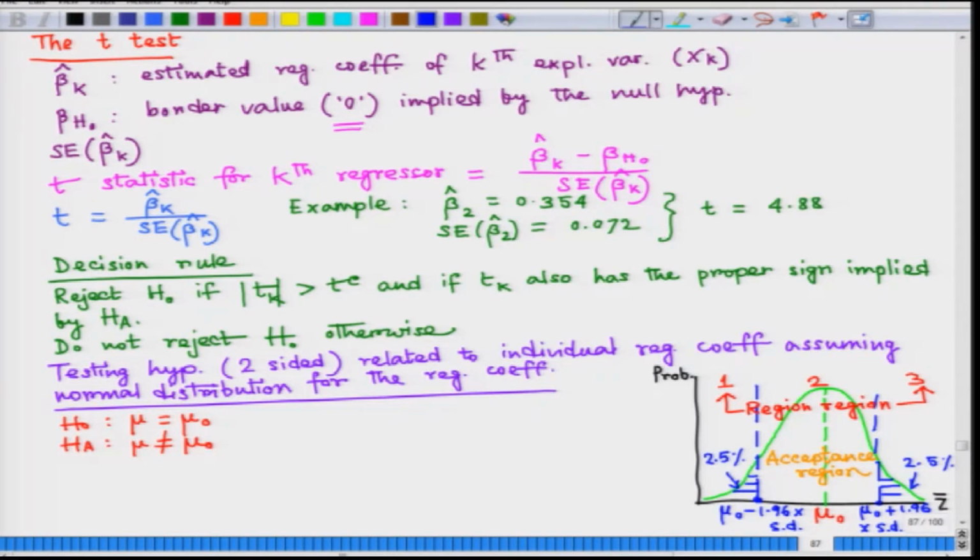In total, the rejection region has an area of about 5% of the total probability, and the remaining 95% is the acceptance region.